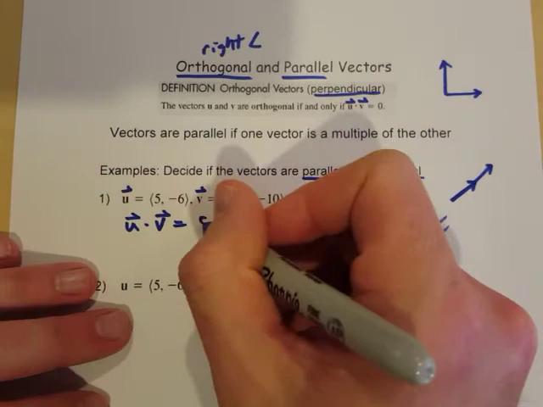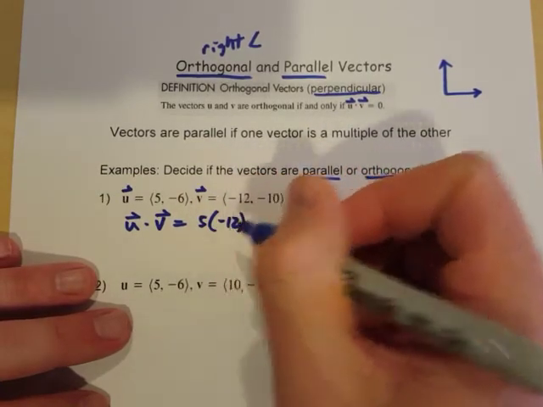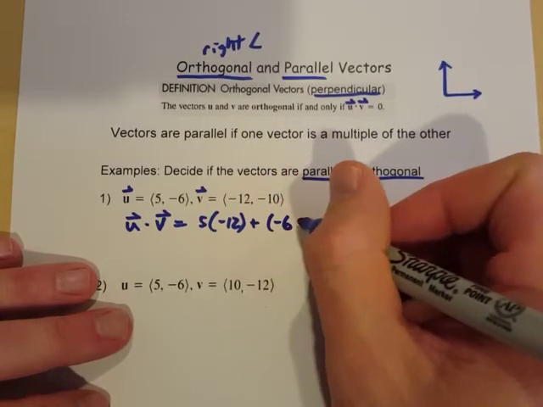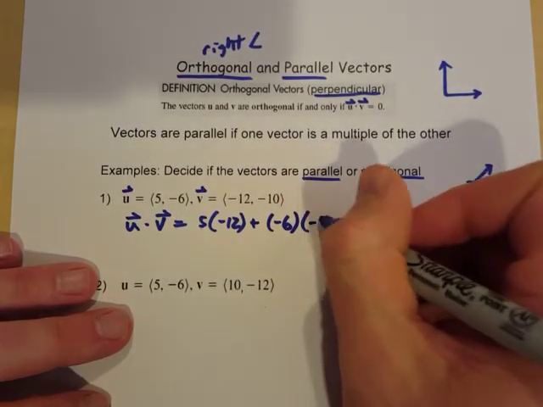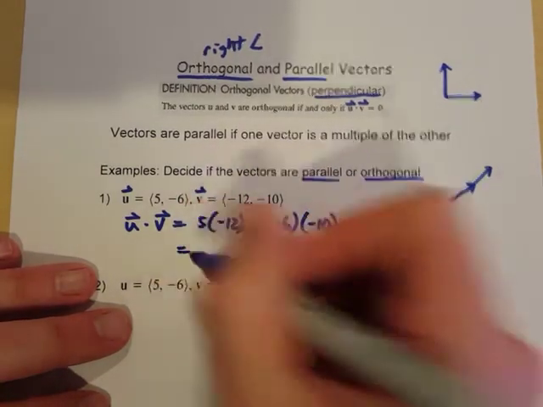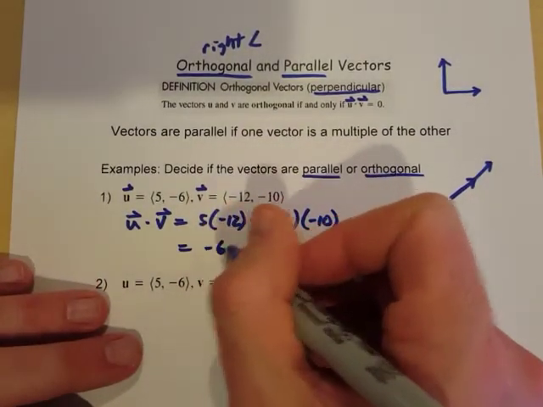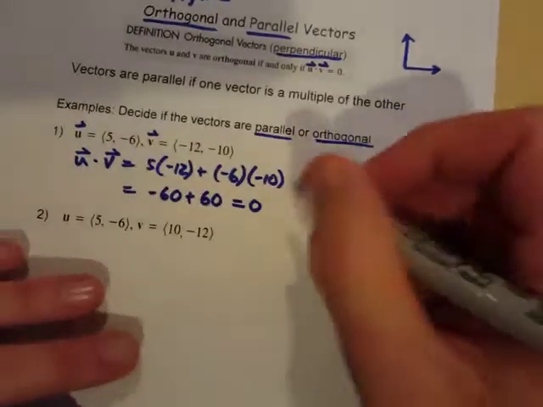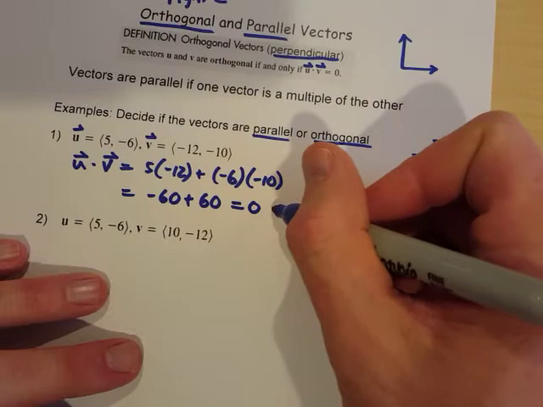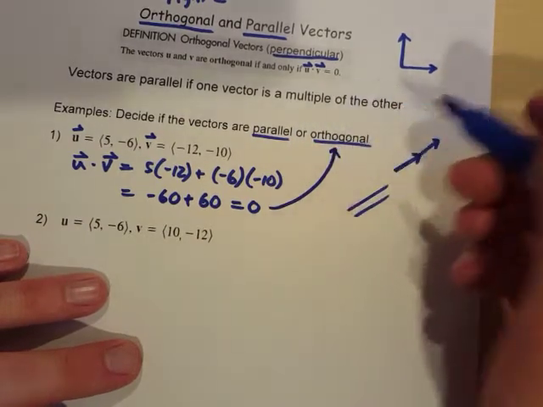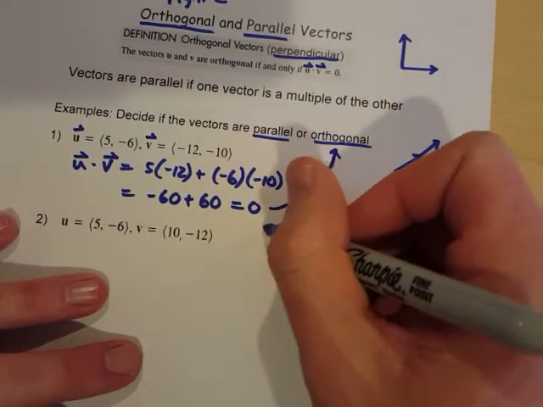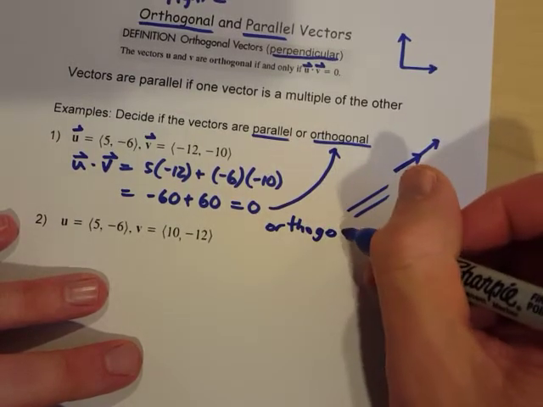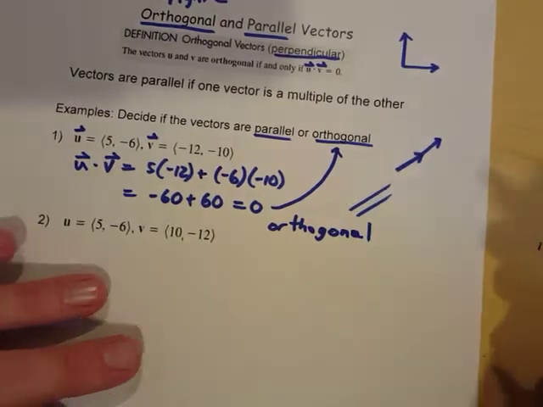So that is 5 times negative 12, plus negative 6 times negative 10, equals negative 60 plus 60 equals 0. What a surprise. That means that we're talking about orthogonal. So for this first one, the two vectors are orthogonal, perpendicular to each other.